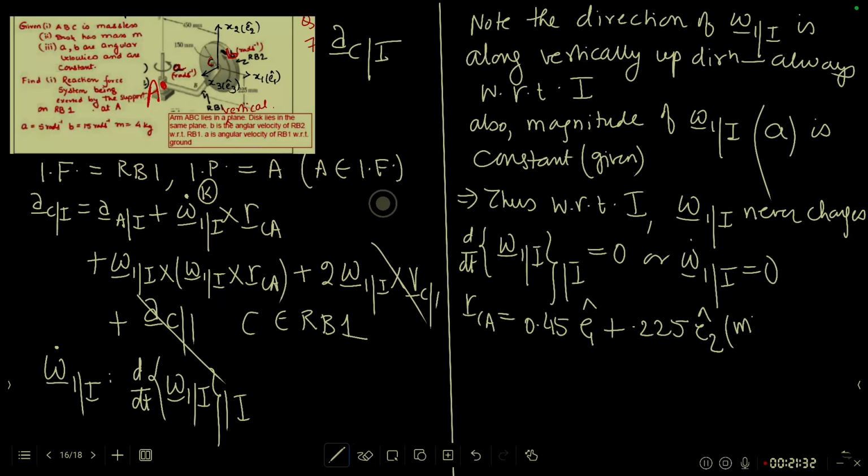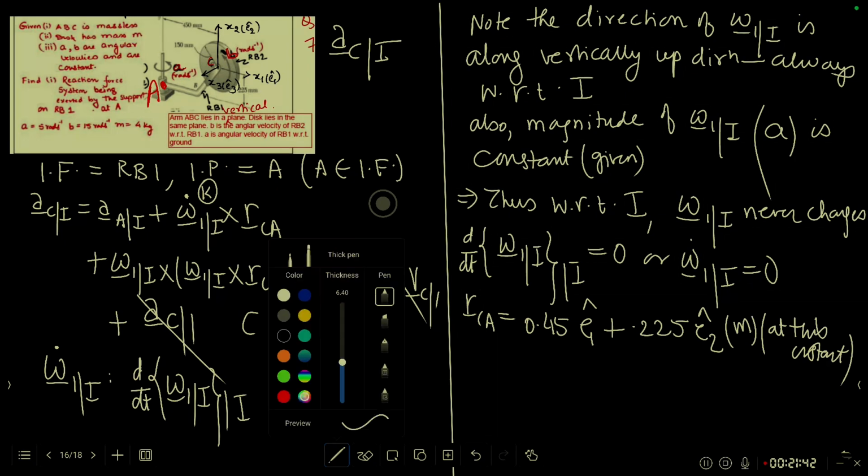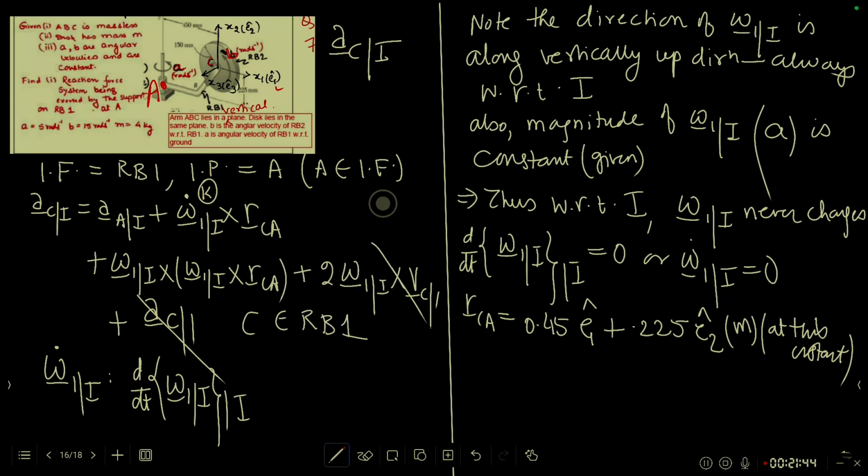I'm using the working coordinate system: 0.45 along E1, which is coming from here, 0.225 along E2, which is coming from here. So RCA is a known vector too.